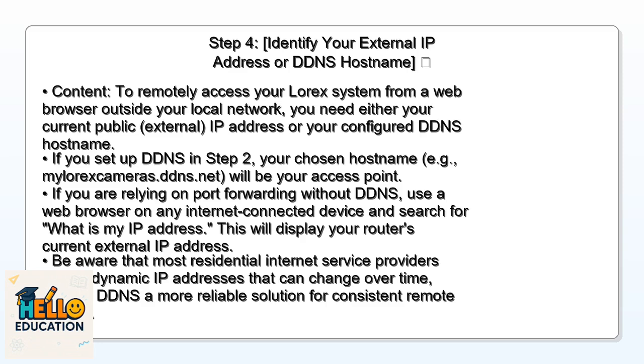If you are relying on port forwarding without DDNS, use a web browser on any internet-connected device and search for what is my IP address. This will display your router's current external IP address. Be aware that most residential internet service providers assign dynamic IP addresses that can change over time, making DDNS a more reliable solution for consistent remote access.